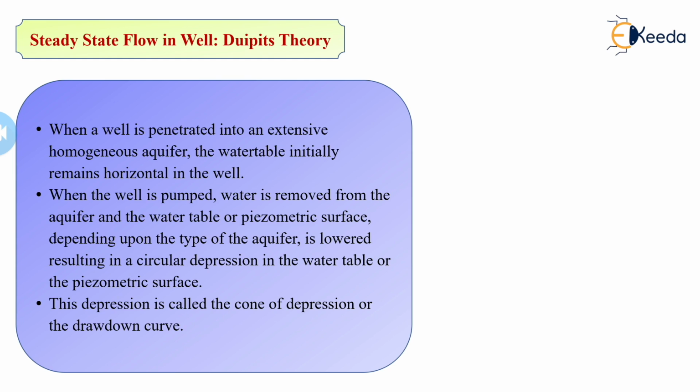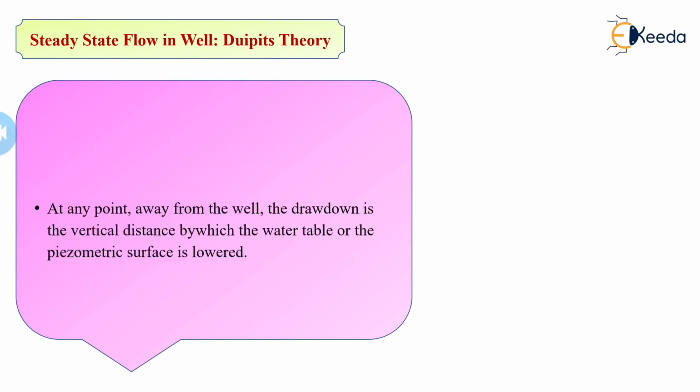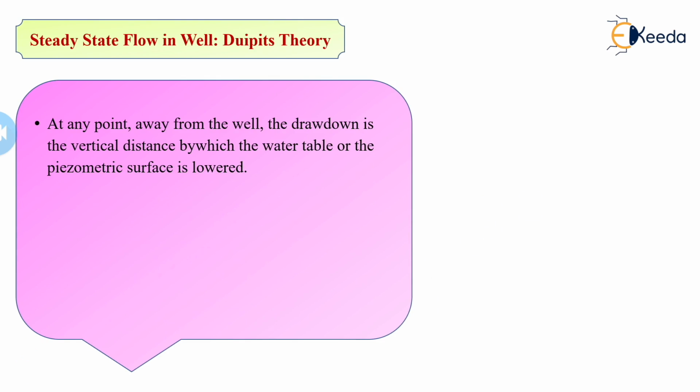Hence this depression is called a cone of depression, or also a drawdown curve. Next, at any point away from a well, the drawdown is the vertical distance by which the water table or the piezometric surface is lowered.